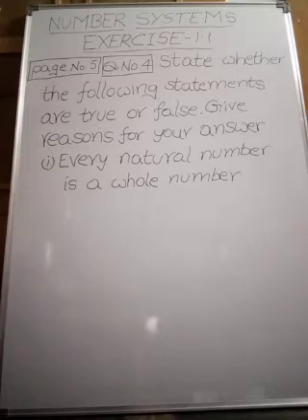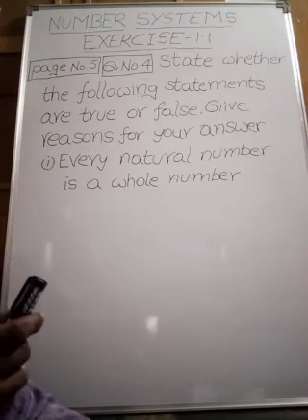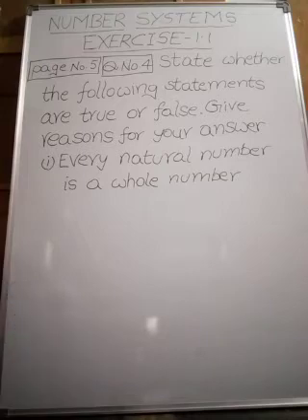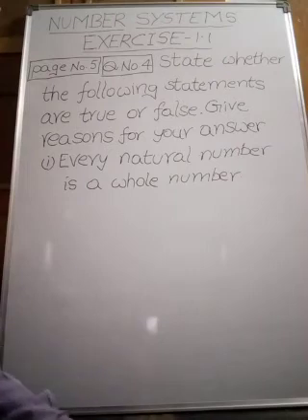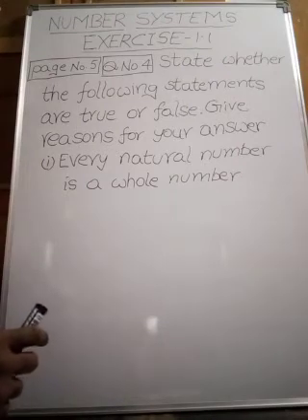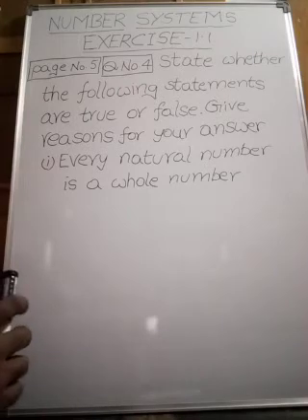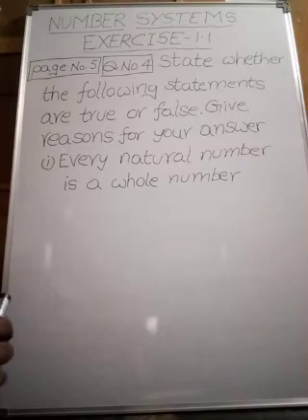Now come to the first statement. Every natural number is a whole number. Is this a true or false statement? Yes, it is a true statement, since the collection of whole numbers contains all the natural numbers.